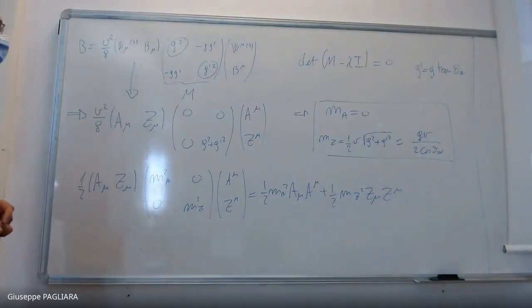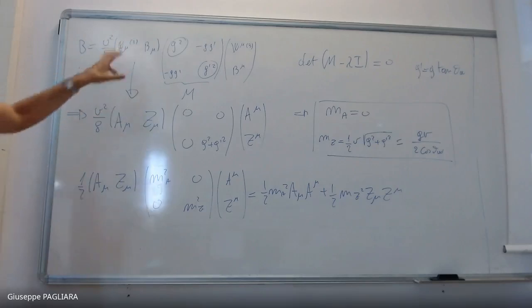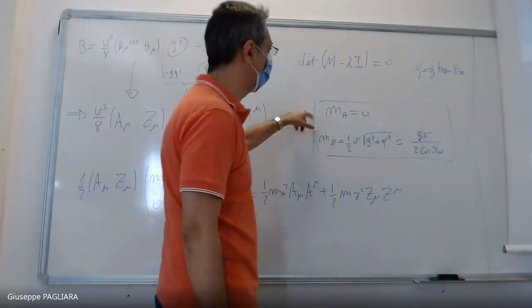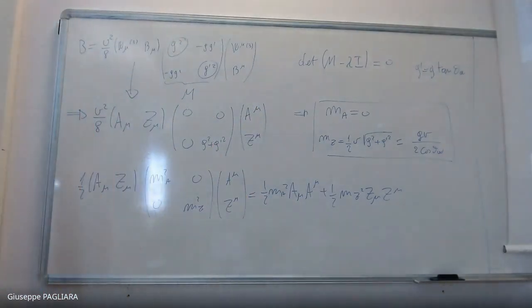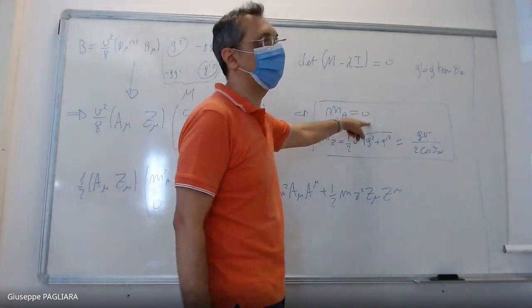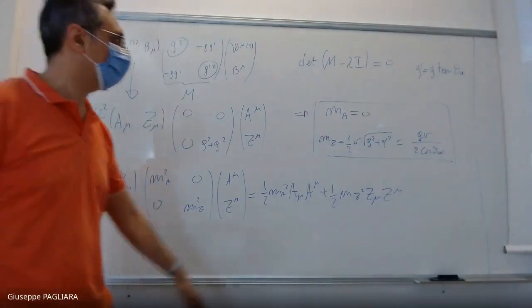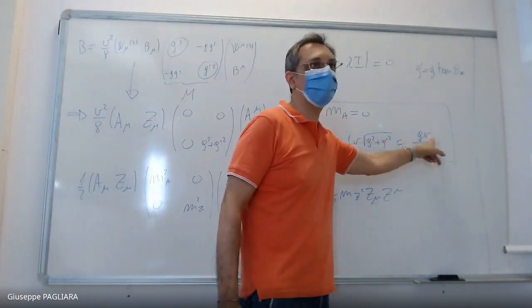So W1 and W2 already appeared as pure quadratic terms, so it was easy, we immediately determined the mass terms. The W3 and B were mixed, so we had to diagonalize this mass matrix, and we had to redefine these eigenstates in the new physical basis, where they now get a mass. So whatever A and Z are, the A eigenstate takes a vanishing mass, the Z takes a non-vanishing mass, again a function of the vacuum expectation value of the Higgs.